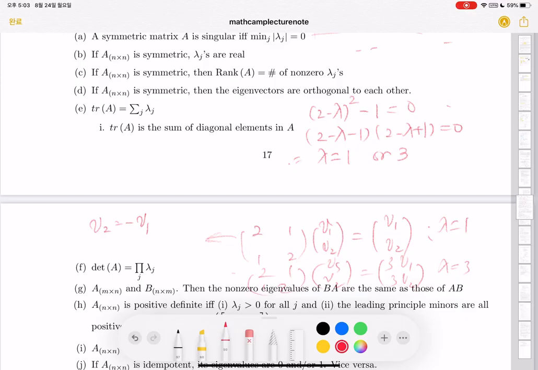So it's of the form, for lambda is 1, 1 and minus 1 times some value k.